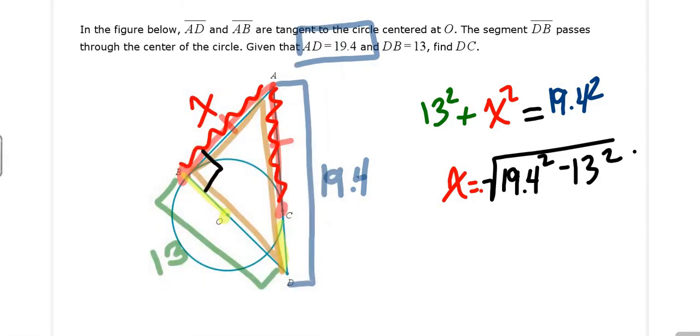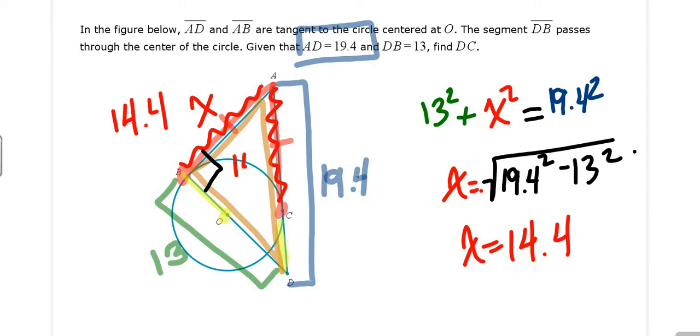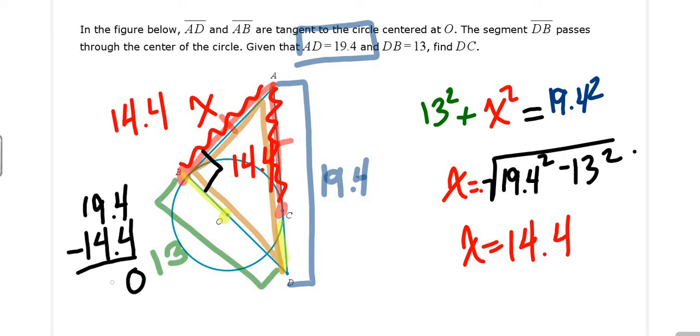We get 14.4 as our x. This is 14.4. Over here's 14.4. So to get the yellow, that's going to be 19.4 minus 14.4. Therefore, our DC is going to be 5.